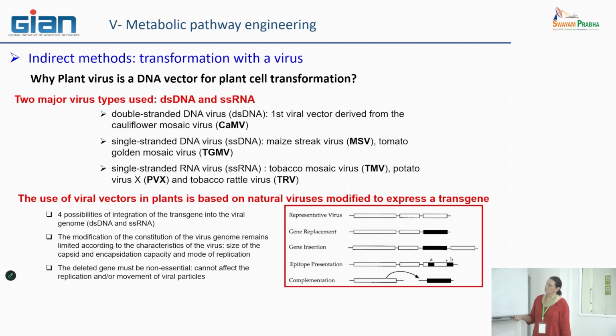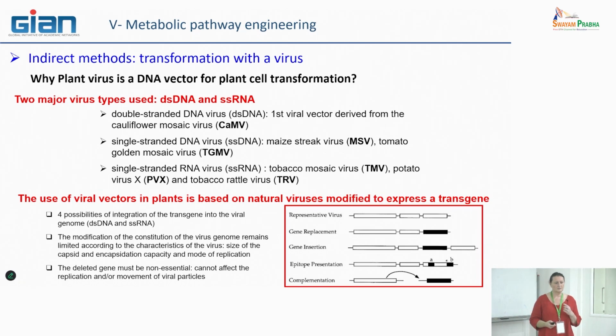And here are the 4 types of virus genome modification that can lead to specific plant transformation. This is the natural one, the wild type of the virus, or you can replace some of the genes in the genome sequence of the virus, or you can insert a new one.